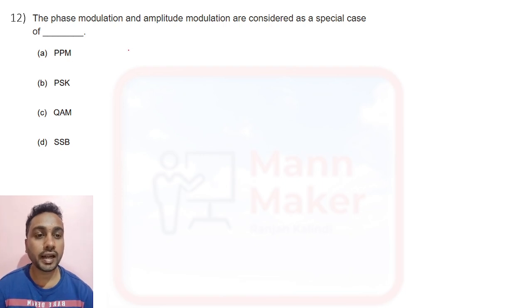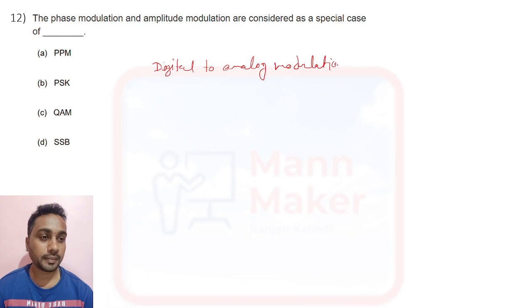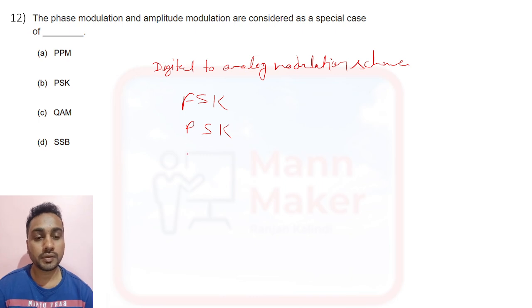The phase modulation and amplitude modulation are considered as a special case of dash. So we have digital to analog modulation schemes. We have three: FSK, PSK, and ASK.